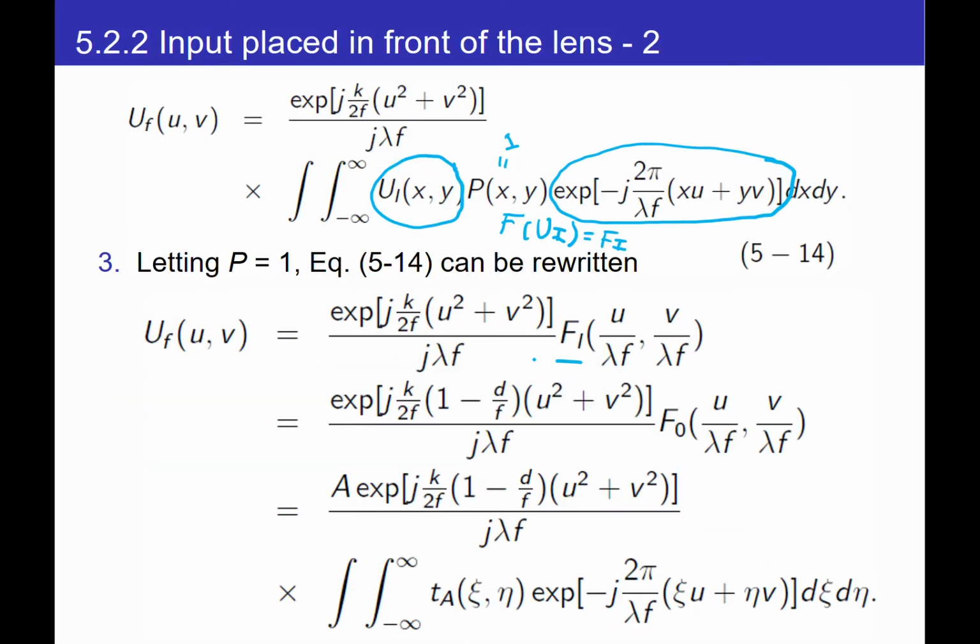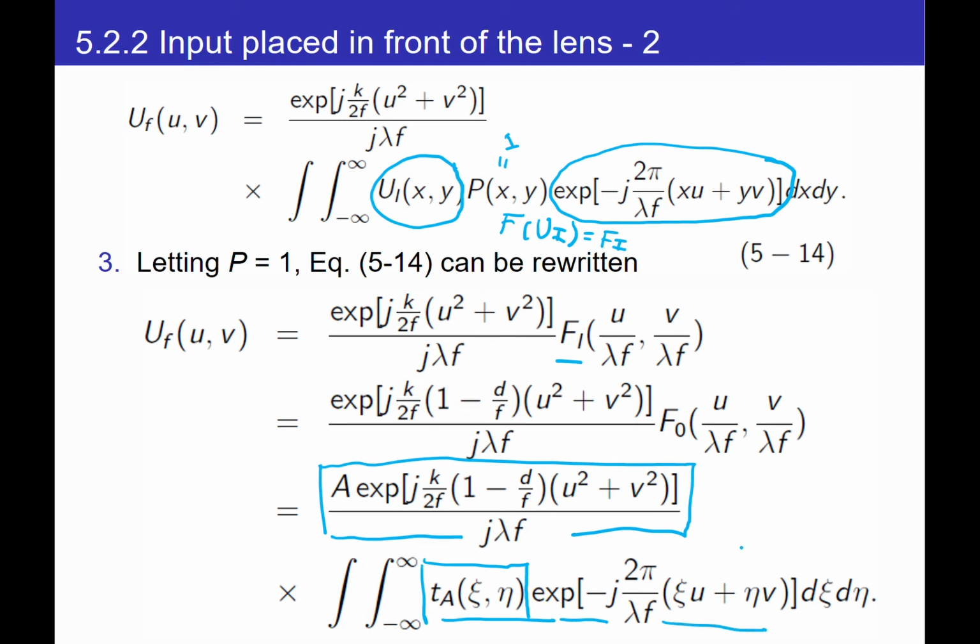Fi is this times an exponential term, and then it is given by a certain phase term times the Fourier transformation of the transmittance function. So this is the Fourier transformation of t_A.